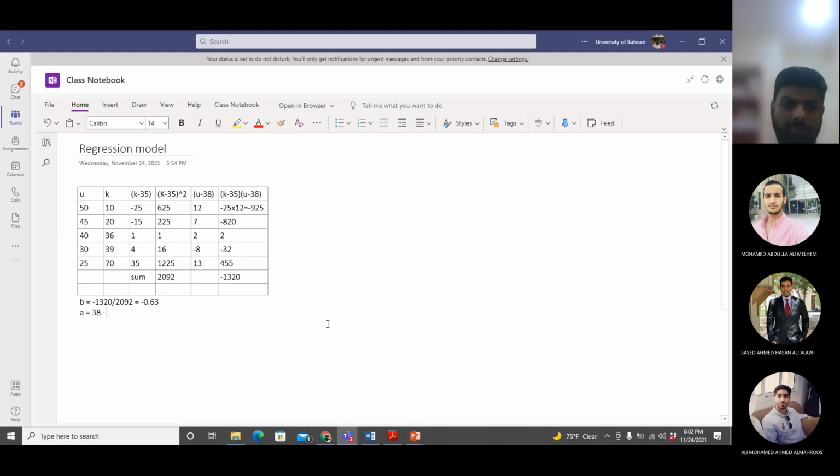Okay, so 0.63 into the average of the input, which is 35.